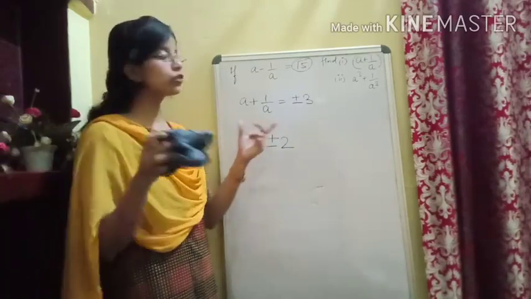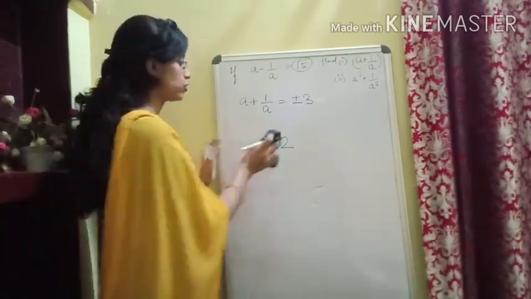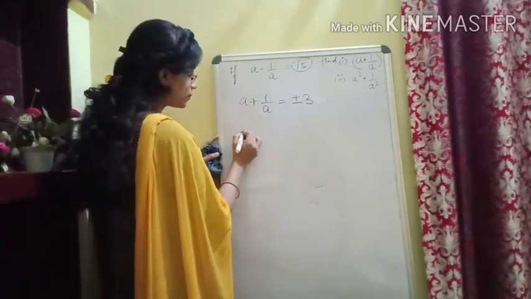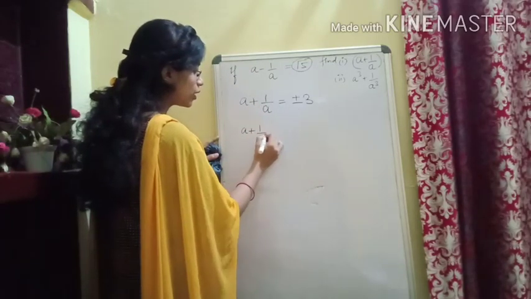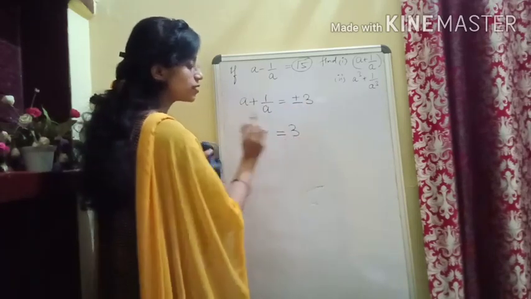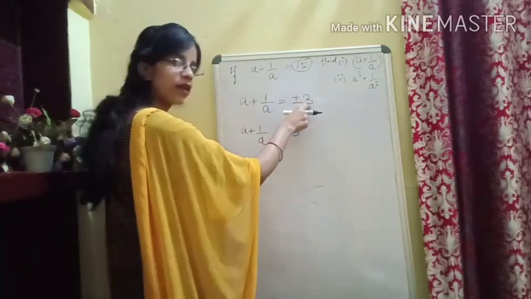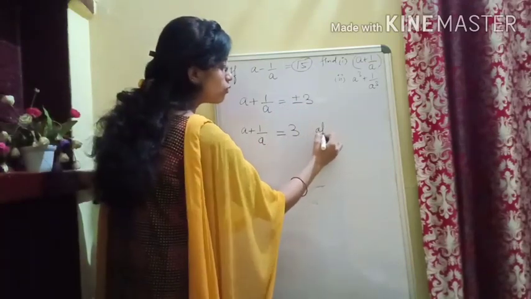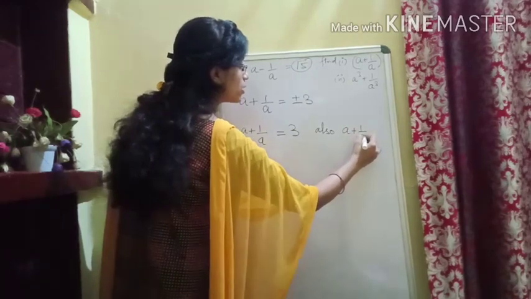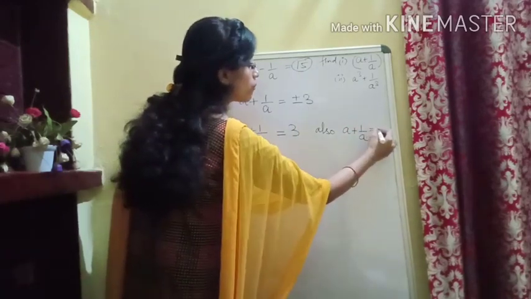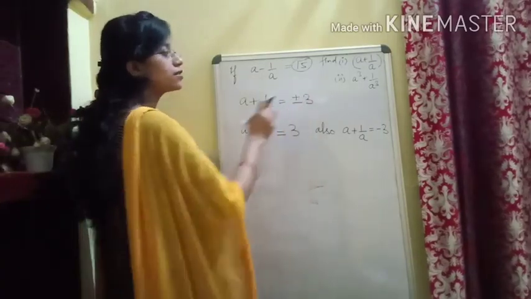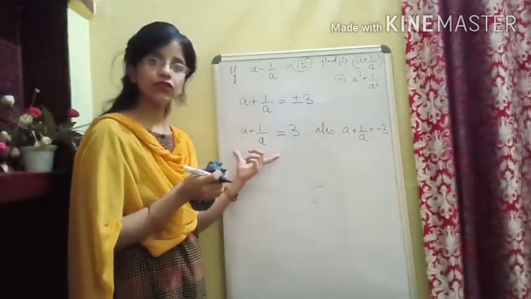That means we are going to consider both the values. So if I separate it, we can write a plus 1 upon a can take the value plus 3, and also a plus 1 upon a can take the value minus 3, because it is equal to plus 3 as well as minus 3. Is it clear to you all?